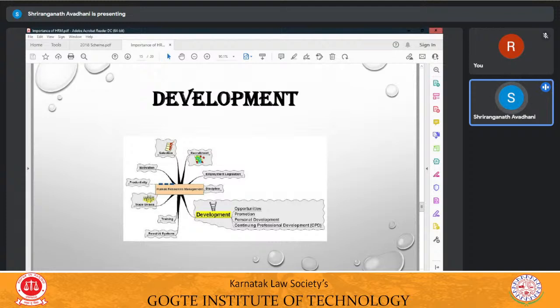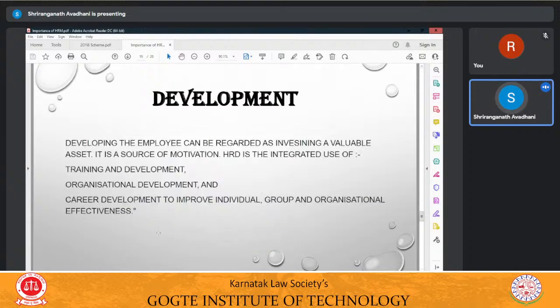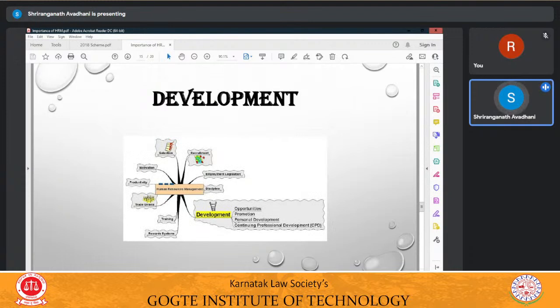You want to improve yourself, you want to go to a higher salary or promotion, or you want to show your achievements. So there the development comes into the picture. Here it is written: opportunities, promotion, personal development, continuing professional development. These are the important aspects of the development part of human resource.